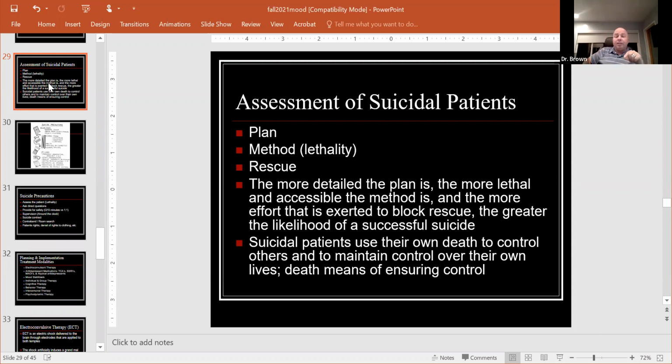If someone has the method of saying, "I'm going to shoot myself in the head," you want to find out if they have access to a gun. Access to a gun. Okay. And if somebody's placed on a 5150, they can't own a firearm for 5 years. So that right of owning a firearm is taken away.